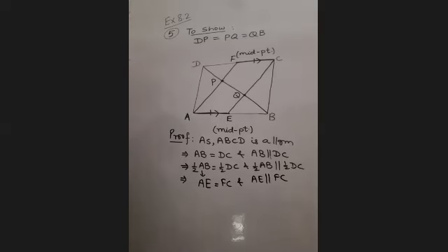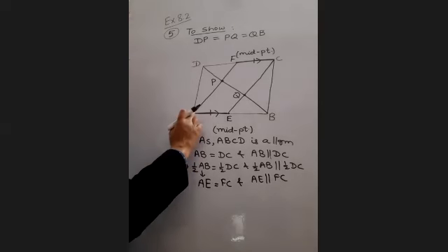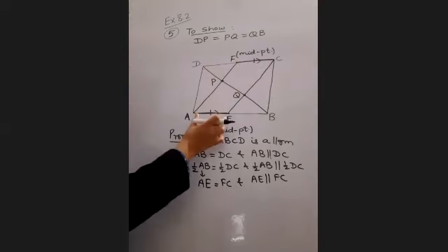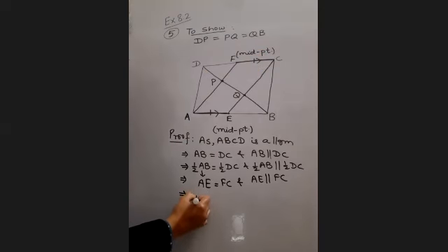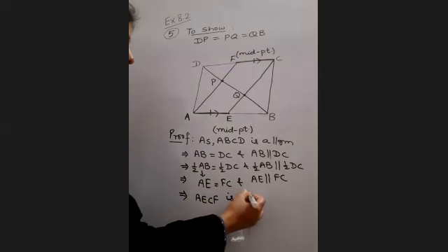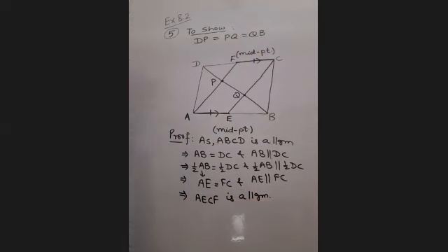Tell me. So now in quadrilateral AECF, one pair of sides is equal as well as parallel. What does it become? Parallelogram. So this gives me that AECF is a parallelogram.